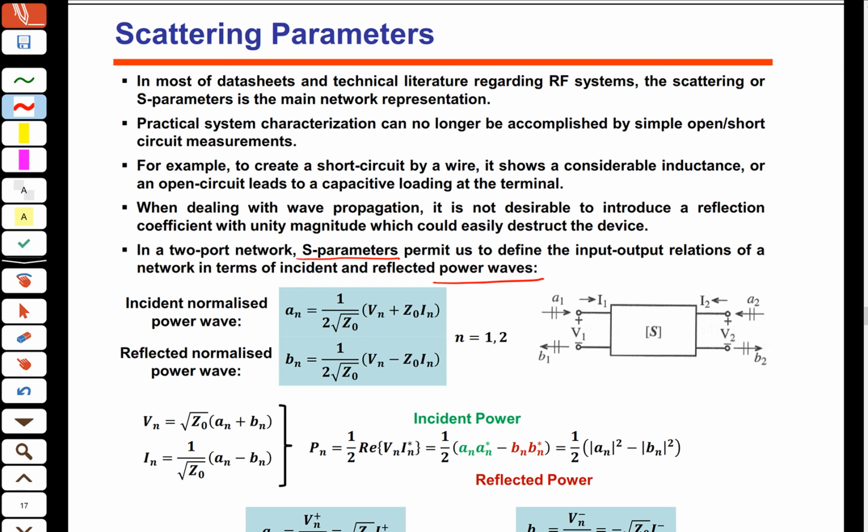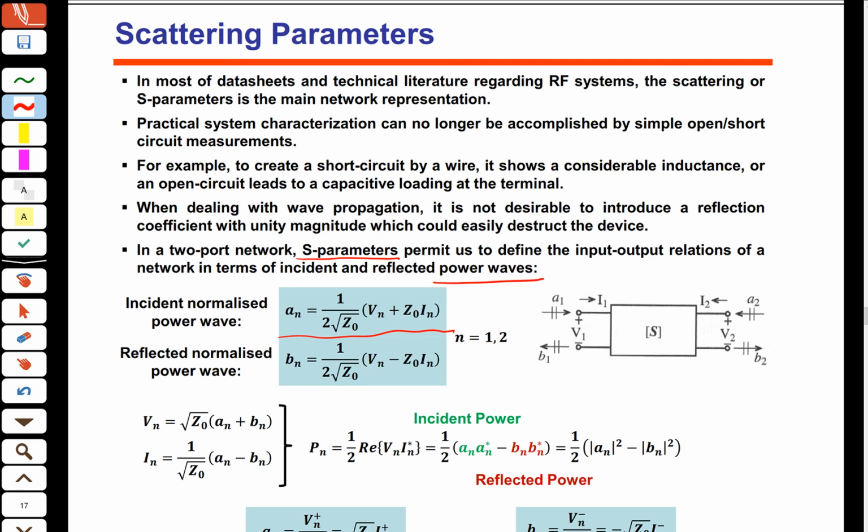And you remember from the previous lecture that if we want to calculate the power Pn, which is related to the voltage of 1 and current of 1, then this is the formula. And this formula is then simplified into this or this.